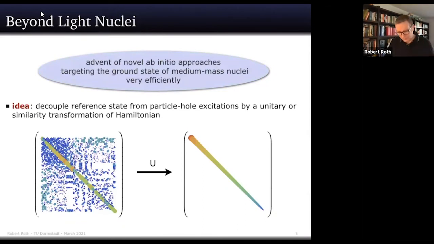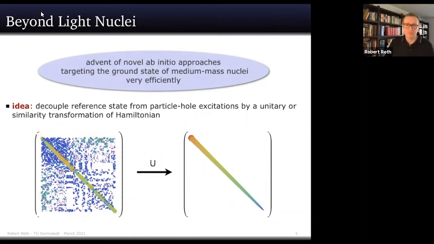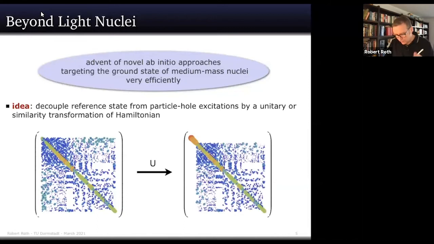You ask yourself, can I formulate some kind of transformation U, which goes from here to here without solving the full eigenvalue problem? And if I'm honest, I don't even have to go here. I'm not interested in these high-lying eigenstates and eigenvalues. We didn't even compute them in the NCSM. It would be fine if I do something like this.